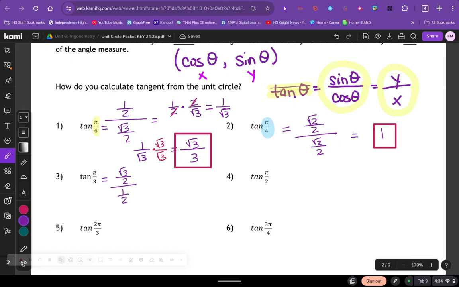Okay, go through my division process. Keep, change, flip. Notice you've got some repeating values there that are going to cancel out. Square root of 3 over 1. So my final answer for the tangent at pi over 3 is the square root of 3.